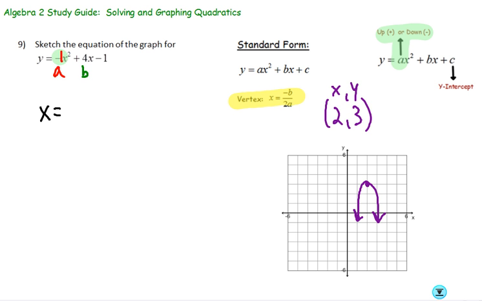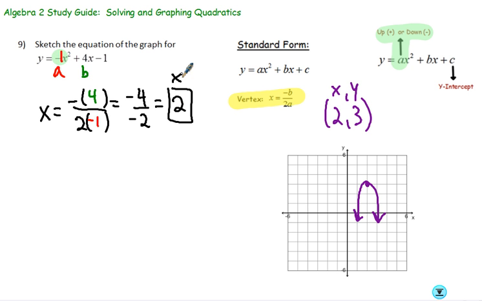So x equals negative b, which would be a negative 4, over 2a. And again, our a here is a negative 1. So negative 4 divided by negative 2, which would give you a positive 2. So that's where we're getting the positive 2 from.